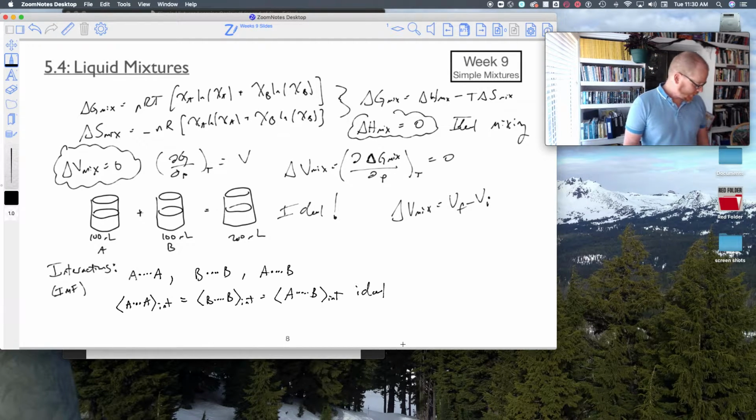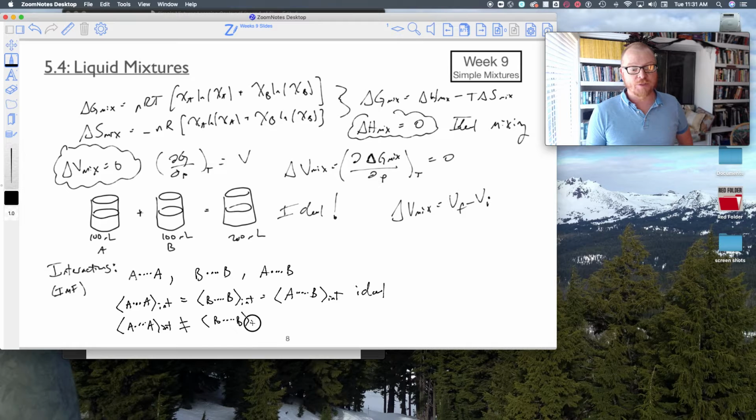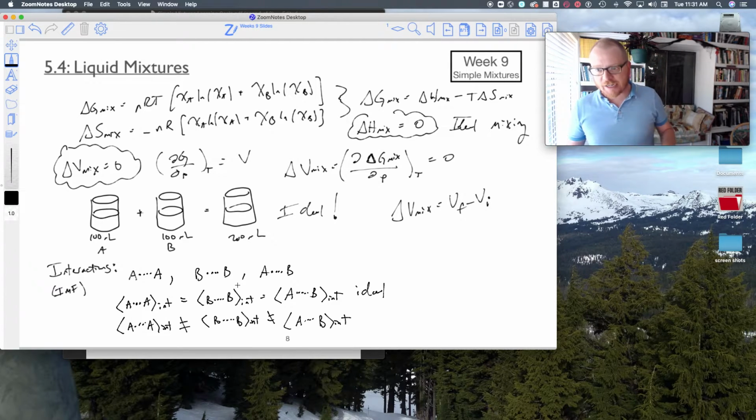So the solution becomes non-ideal, or a real solution, or an ideal dilute solution, however you want to think of it, if the following happens. So if the average A interaction is not at all similar to the average B interaction, which then of course would not be at all similar to the average AB interaction. So for example, suppose A is able to hydrogen bond with another A. Okay. But now suppose B cannot do any hydrogen bonding.